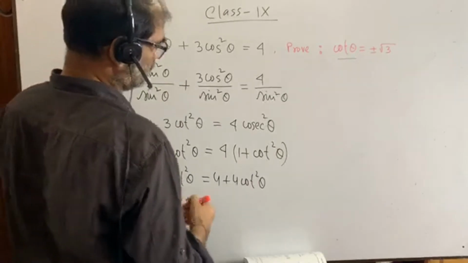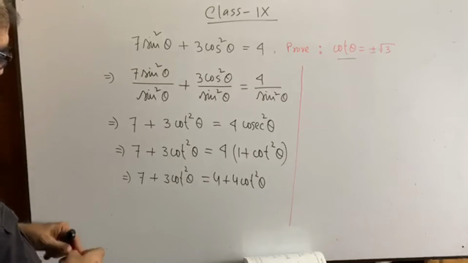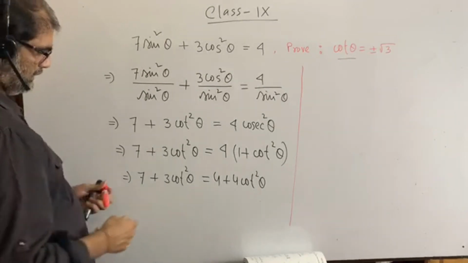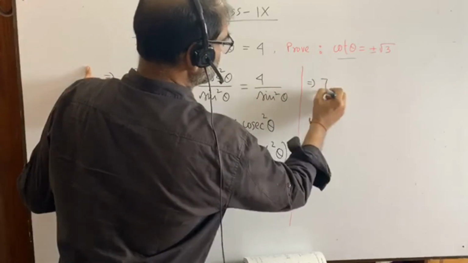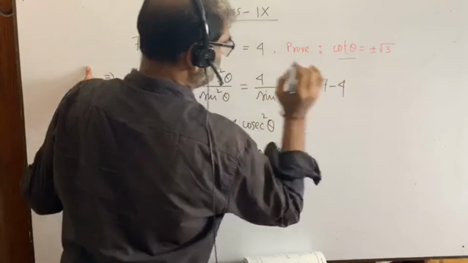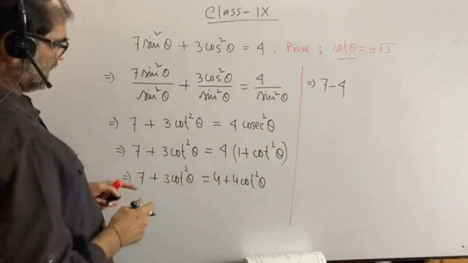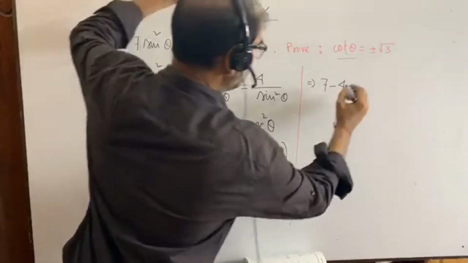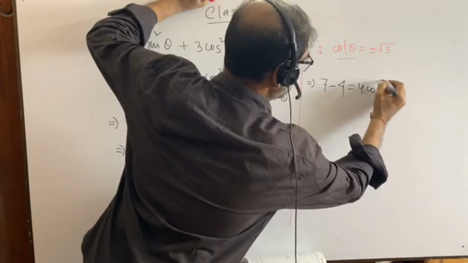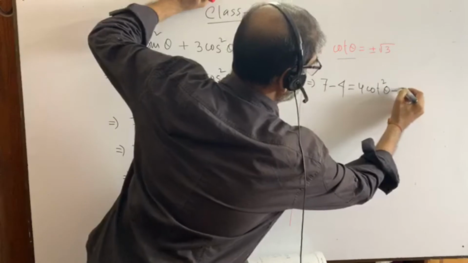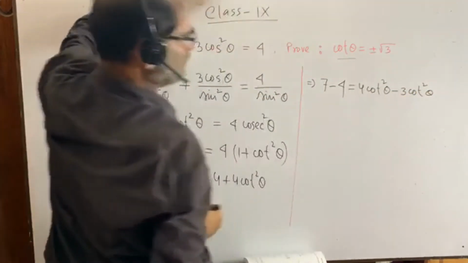After this we can write down 7 minus 4 is equal to 4 cot square theta minus 3 cot square theta. Can you write?